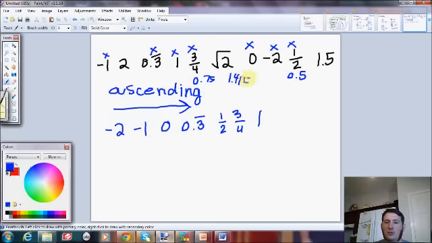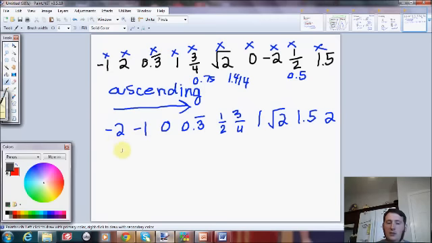It's actually 1.414. But I know that it's less than 1.5 or 1 5/10. And so the next number we would need is square root of 2, then 1.5, and then 2. So we use that one, and that one. So there's all of our numbers. That would be the complete list.